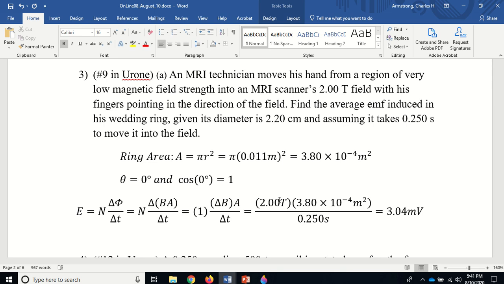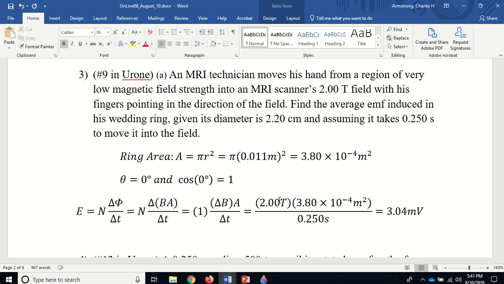That means that the area is perpendicular to the field, the area of the ring. So find the average EMF induced in his wedding ring given its diameter is 2.20 centimeters and assuming it takes 0.250 seconds to move it into the field.